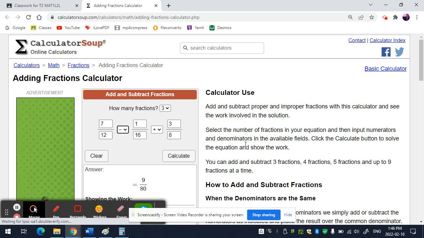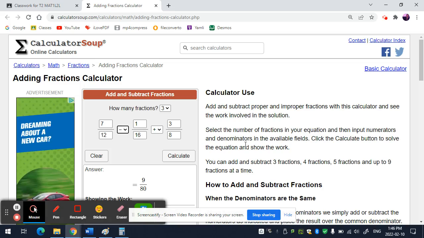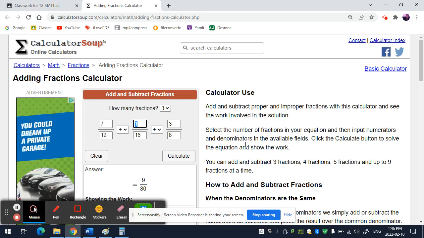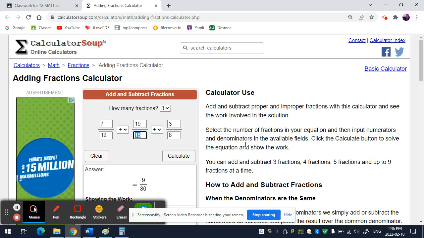Are we adding or subtracting? Plus, okay. And what's the next one? 19 over 4.